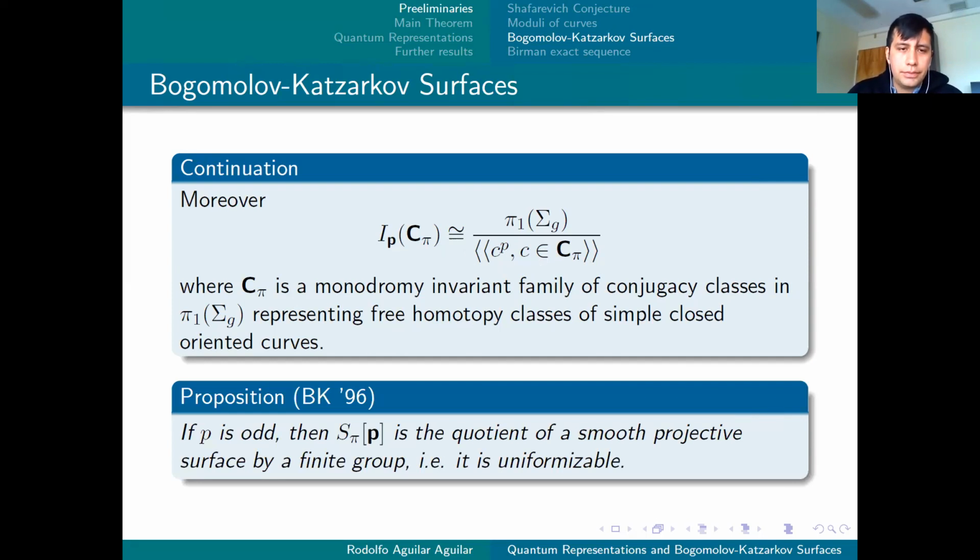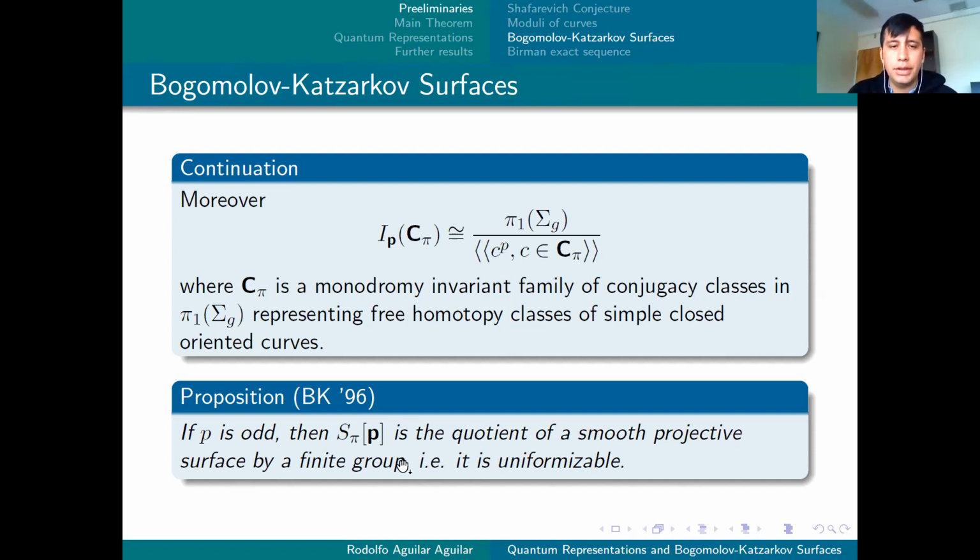Okay. So now let me state this proposition that was proved by Bogomolov and Katzarkov, but in the language of Eyssidieux-Funar. So if P is odd, then this orbifold surface is the quotient of a smooth projective surface by a finite group, a global quotient.